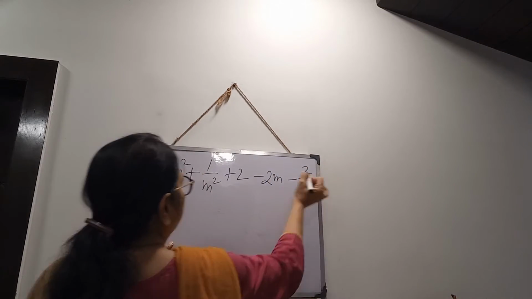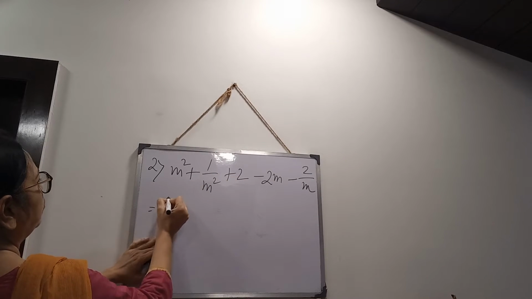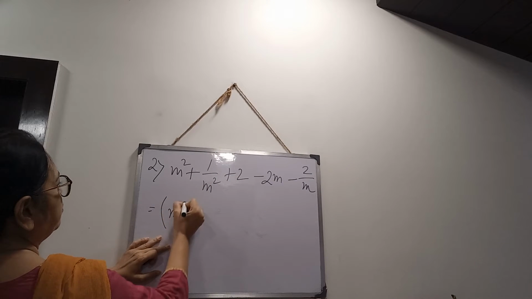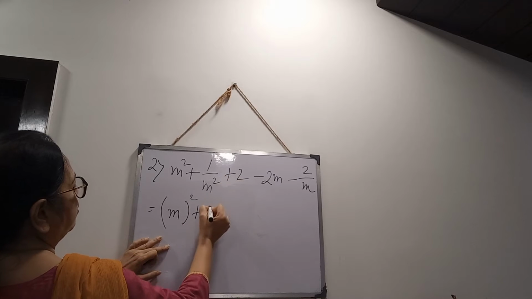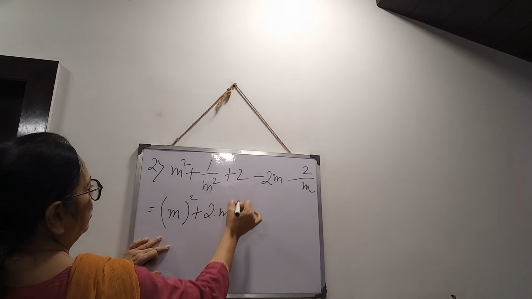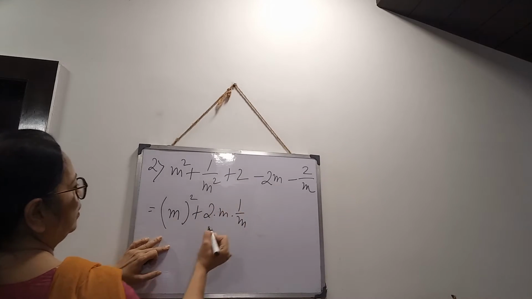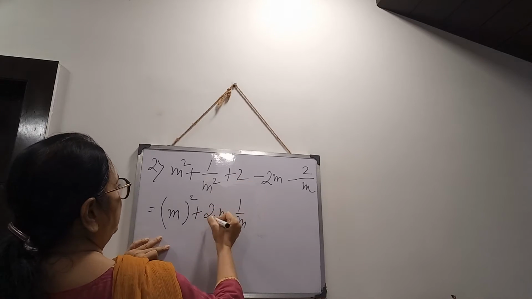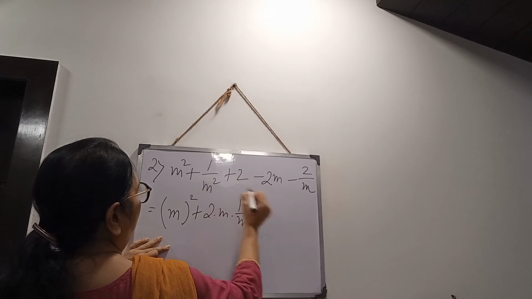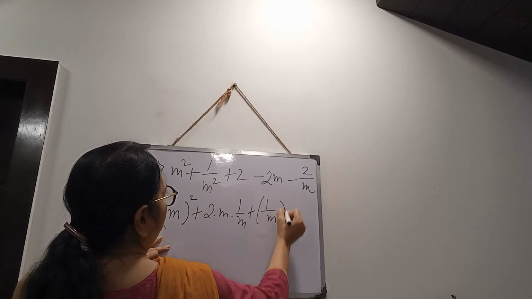There is a 2 here. What I am writing: m square, in place of 2 I am writing in this way. This and this will be cancelled out, we will get 2 only. And this one, 1 by m whole square.